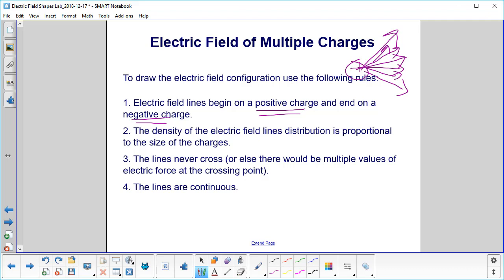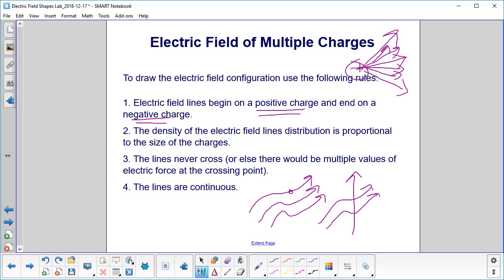The lines never cross. Once you come up with an electric field configuration, you can't cross them. For example, let's say our electric field looks something like this. That's good because at every point there's a unique electric field which is tangent to those lines. But what if I had something like this? Draw some electric field lines here, and then this line here.